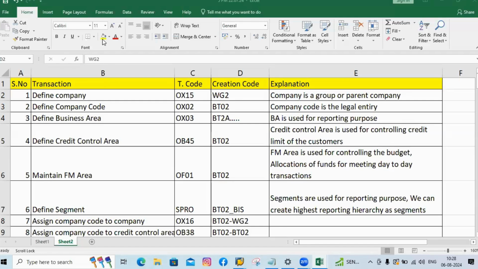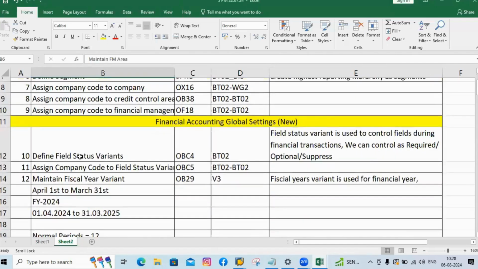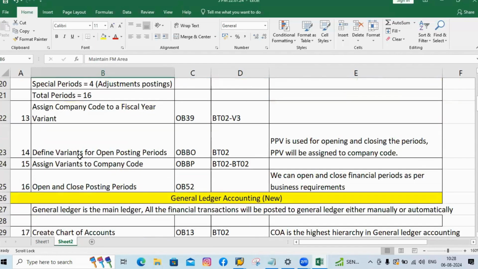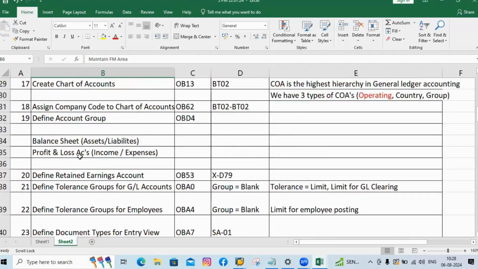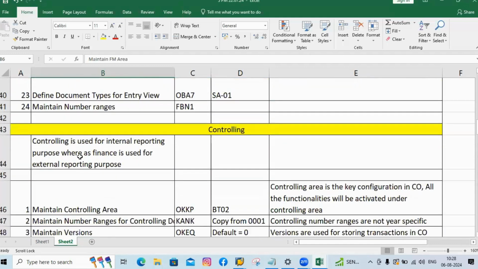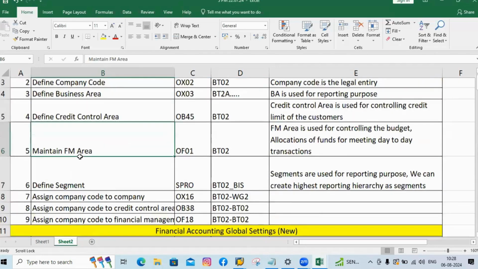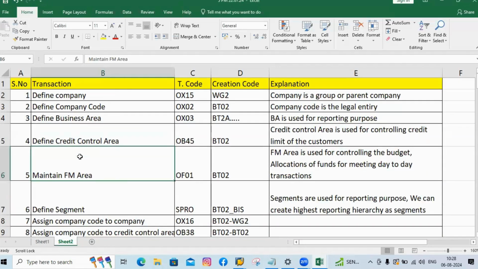Clear? Fine. What is the use of credit control area? To set the limits for credit for the customers. Credit limit. So it is to control the credit limit of the customers. Okay. Fine.